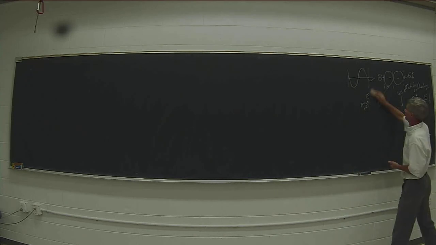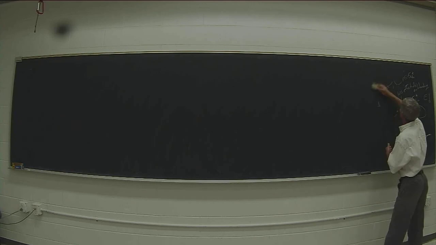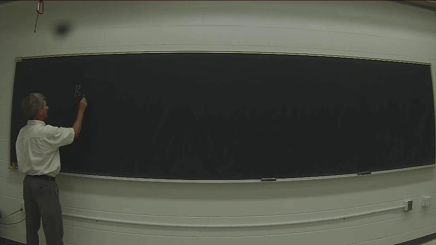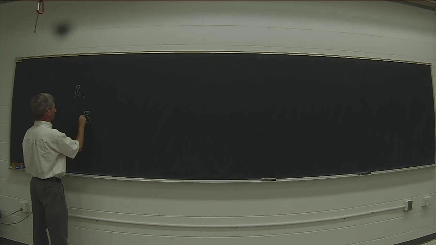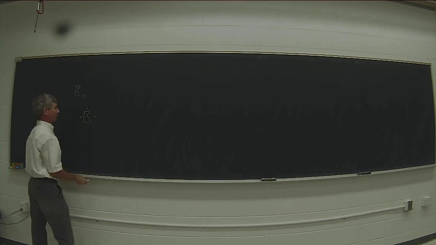So let's use that knowledge of what the orbital diagram looks like to consider what the energy picture for diatomic boron, B2, would look like. Right? Boron comes with 3 valence electrons.